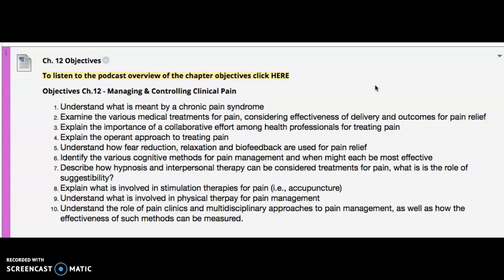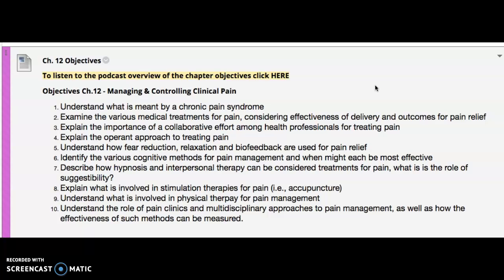Pain management, pain treatment is very entwined into the delivery of care that patients get, and it requires a lot of communication across multiple different healthcare professionals who might be treating that patient.